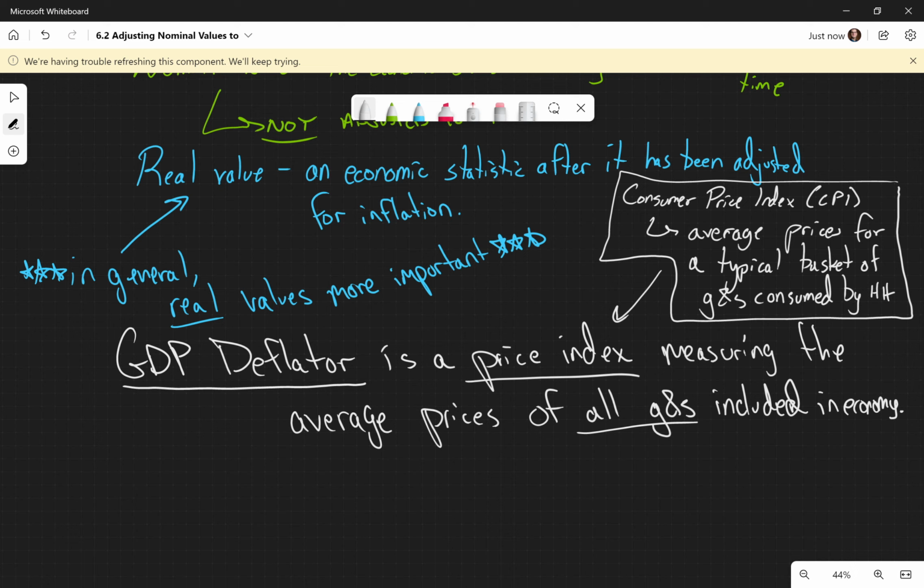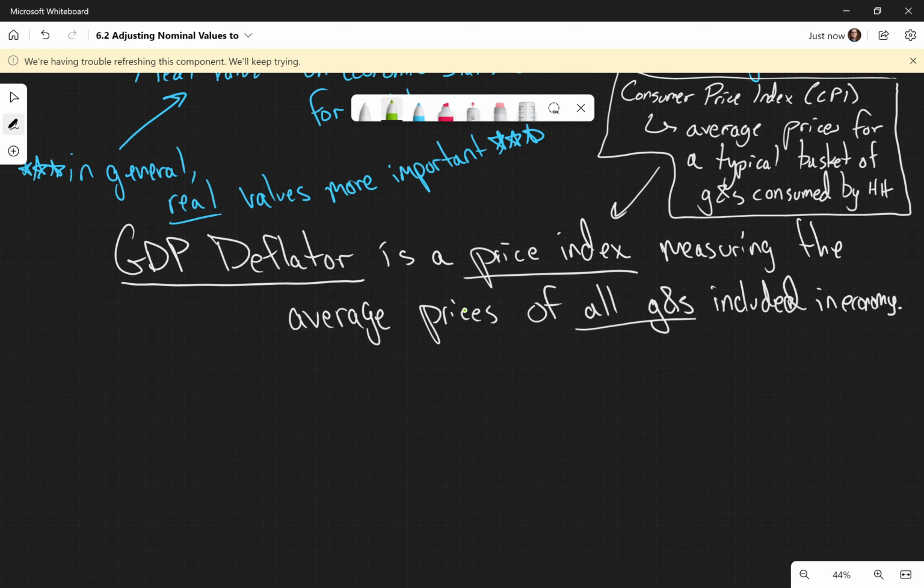So how do we use the GDP deflator in order to calculate real GDP? Great question. Let's go ahead and dig right into it. So calculating real GDP.